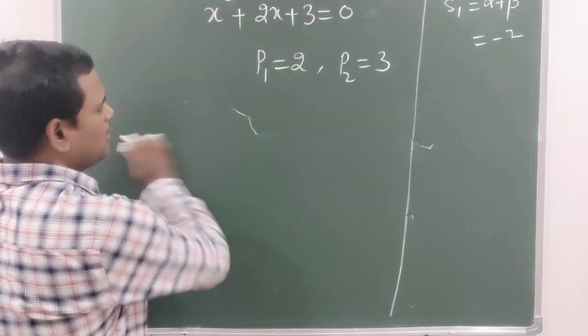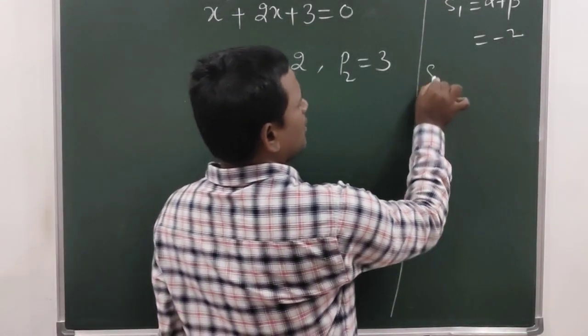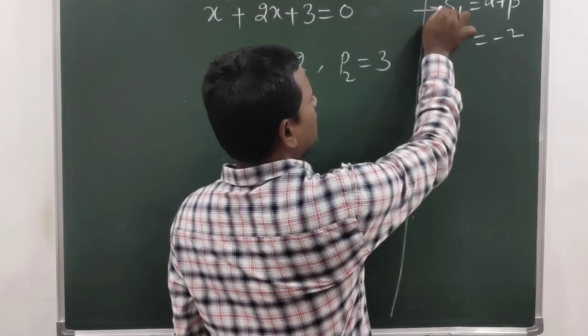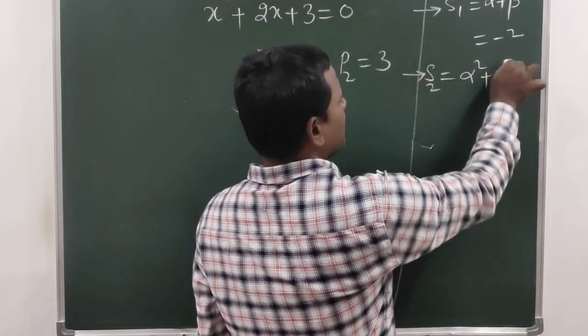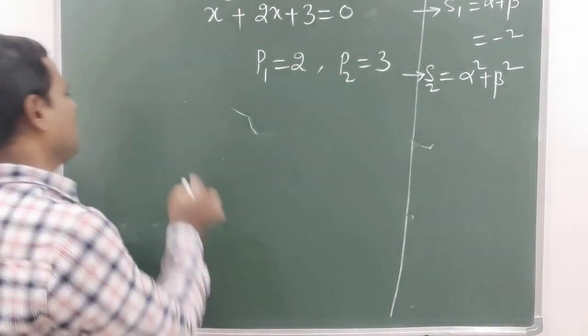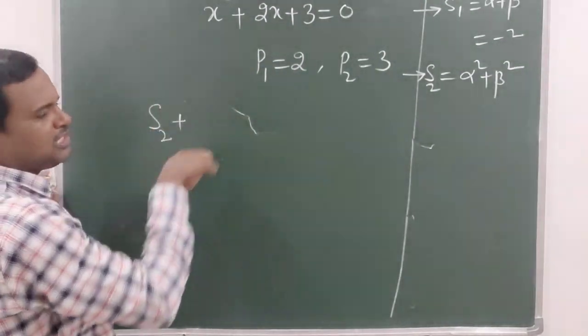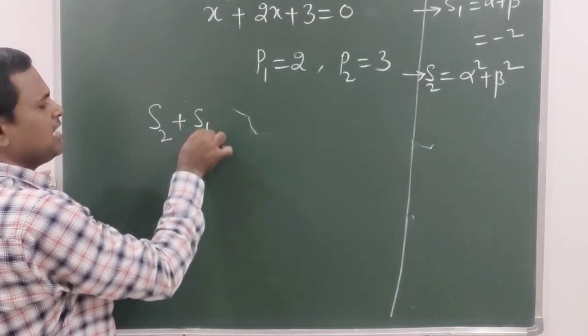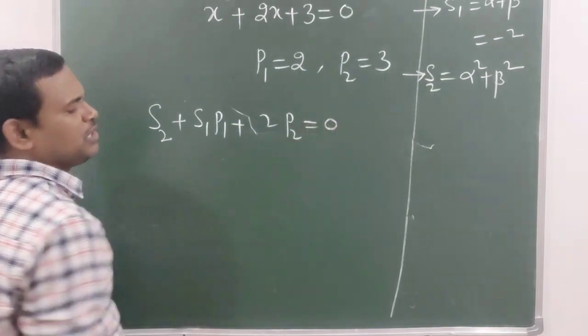Next go to S2. S2 means alpha square plus beta square. To get S2, we have to take the second step: S2 plus S1 P1 plus 2P2 is equal to 0.